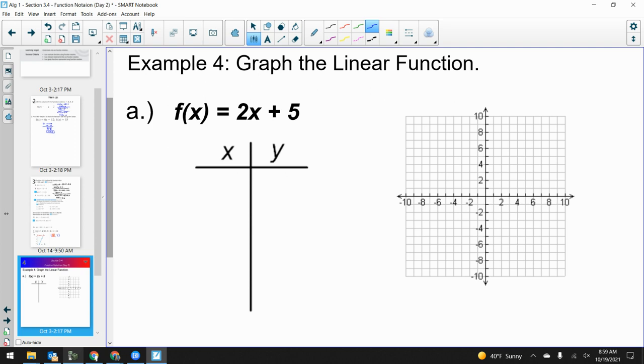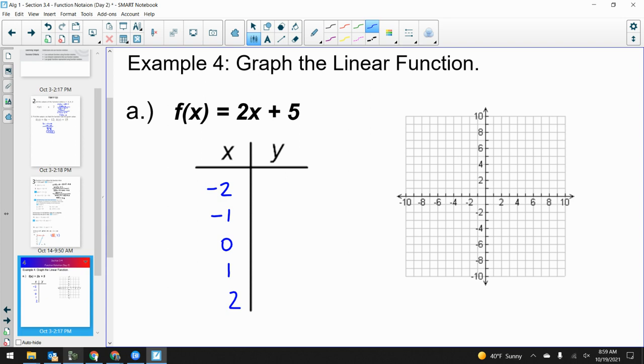So here's what I strongly suggest you do. Use -2, -1, 0, 1, and 2. Okay? Could you pick other things? Sure. But the coordinates that you end up with must fit on the graph, and you have to have 5 of them. More often than not, -2, -1, 0, 1, and 2 are going to be good for you.